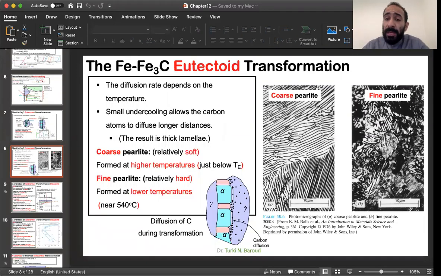In terms of mechanical properties, coarse pearlite is relatively soft, and fine pearlite is relatively hard. So as an engineer, you have two options: you can have either coarse pearlite or fine pearlite according to the mechanical properties you're looking for, because microstructure plays a major role in determining the mechanical properties of the material.